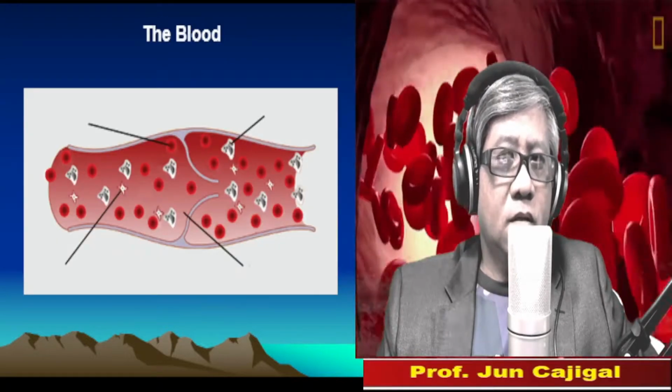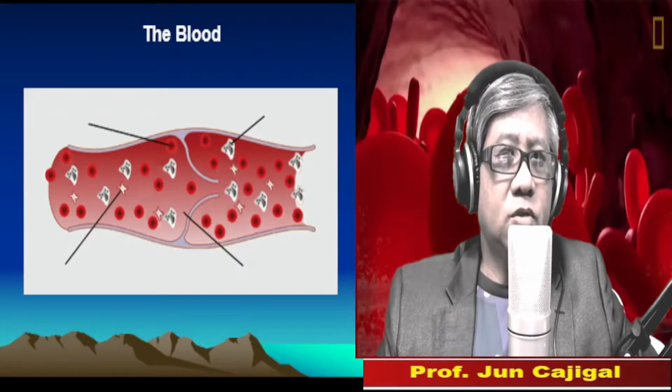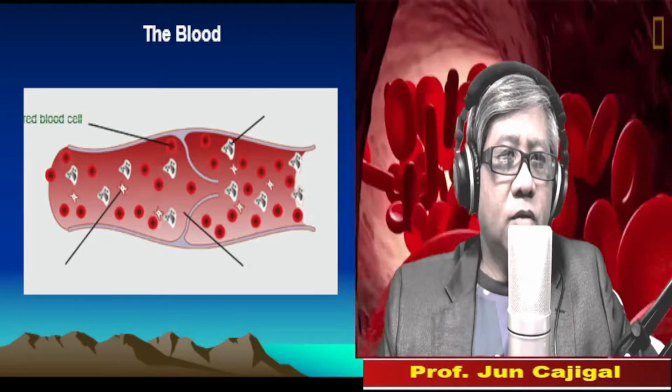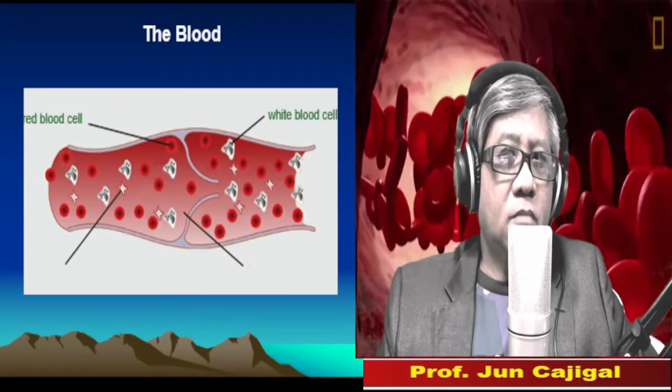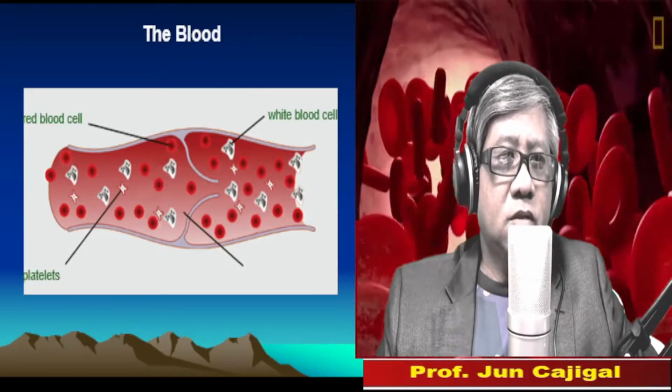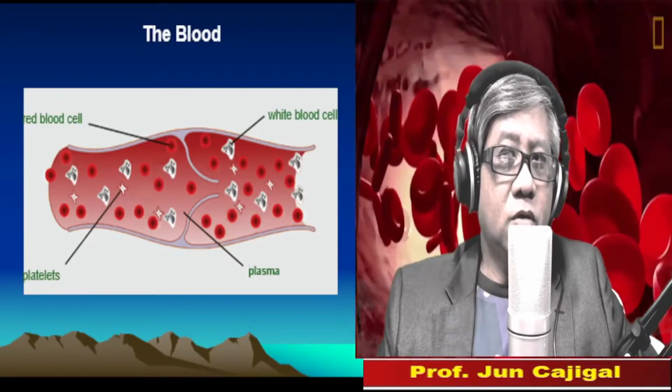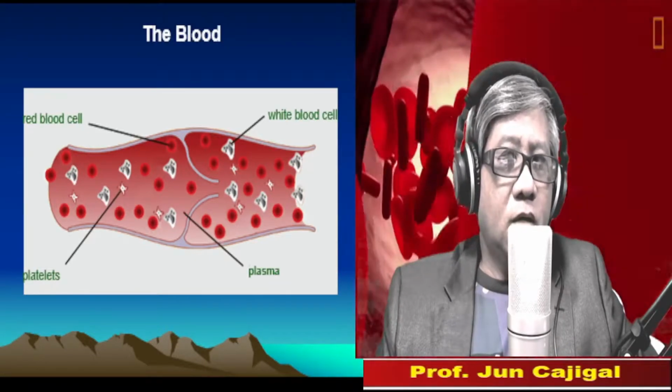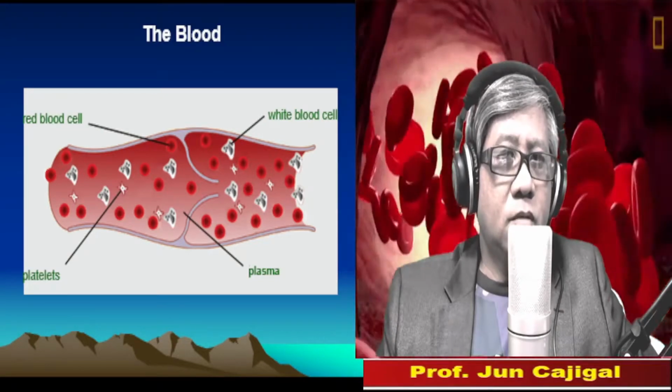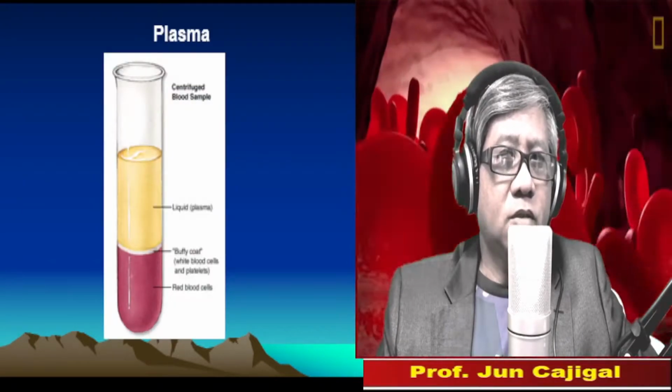So our blood is a homogeneous mixture of those components. We have the red blood cells, white blood cells, and platelets. Those are the solid components of the blood. And we have the liquid component of the blood, which is plasma.